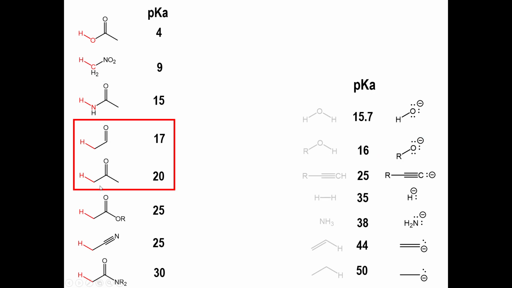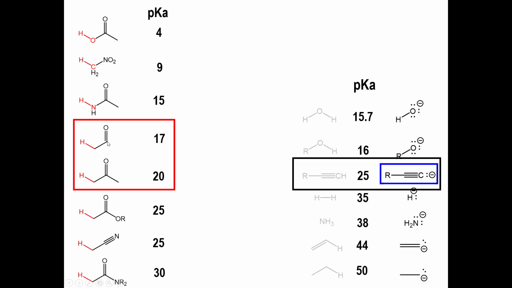Now, the aldehydes and ketones have a much higher pKa, so you need a stronger base to deprotonate them. At the very least, you will have to use a deprotonated alkyne to carry out that deprotonation of aldehydes and ketones. But truth be told, the alkynes are a little too small to effectively deprotonate the alpha carbon.